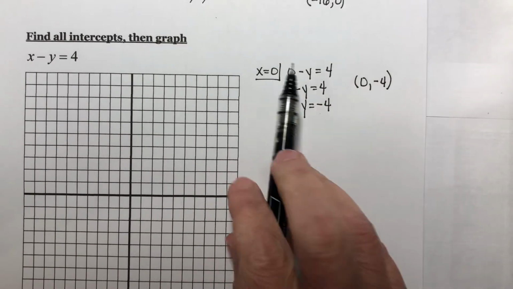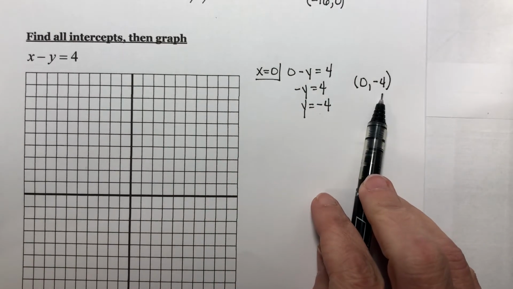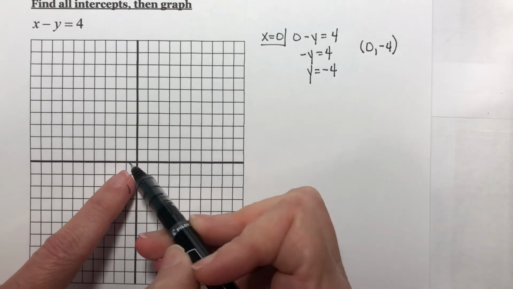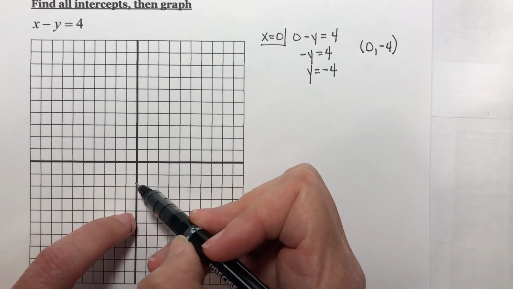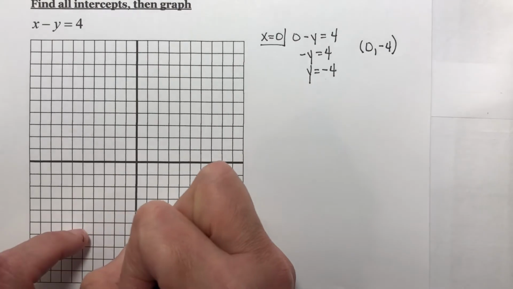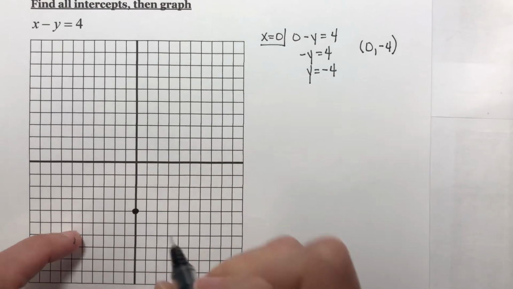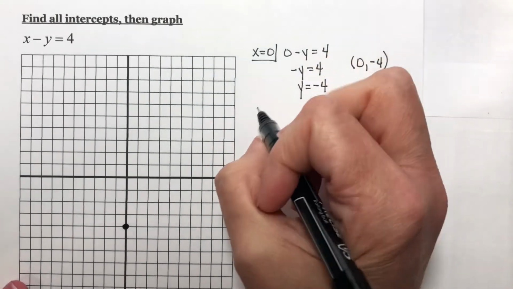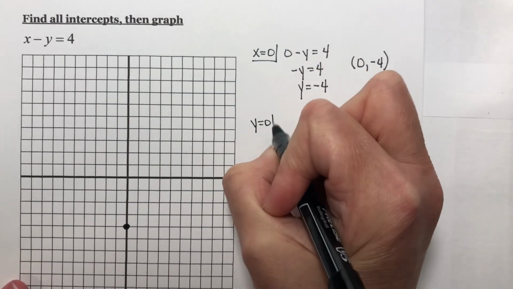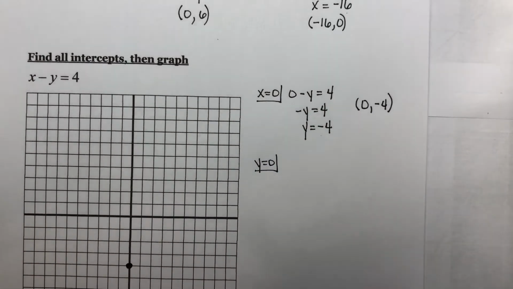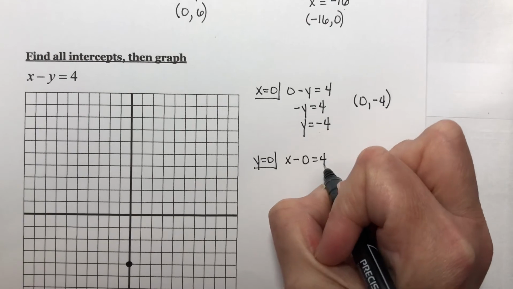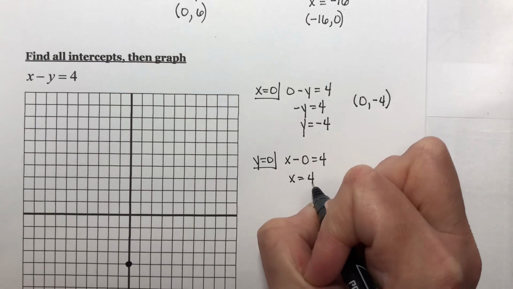I got rid of x, so this should be my y-intercept. If I plot the point, 0 on my x-axis is here, negative 4 on my y-axis is that point right there. Now let's try y equal to 0. x minus 0 is equal to 4, so of course x equals 4.